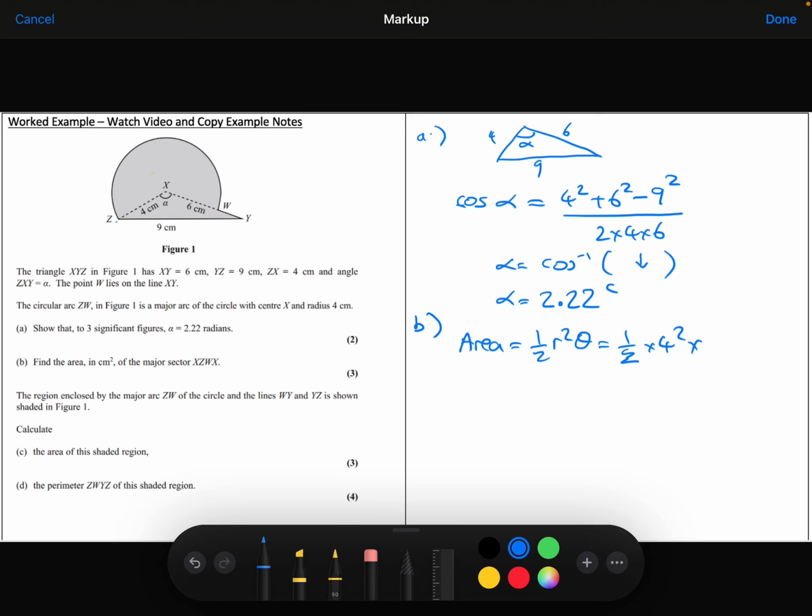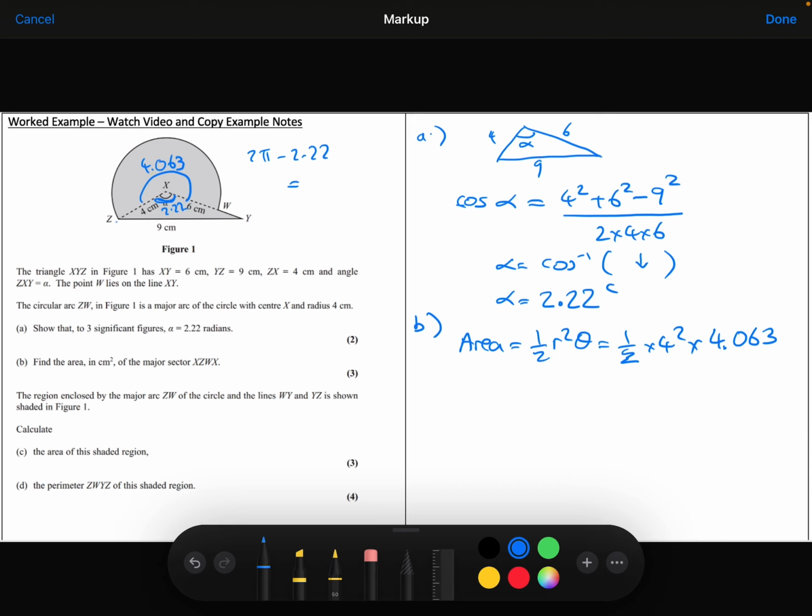So if I do 2 pi, take away the 2.22, that's going to give me the angle that I need. So 2 pi, take away 2.22. I find that the angle I need there is 4.063, and so on.